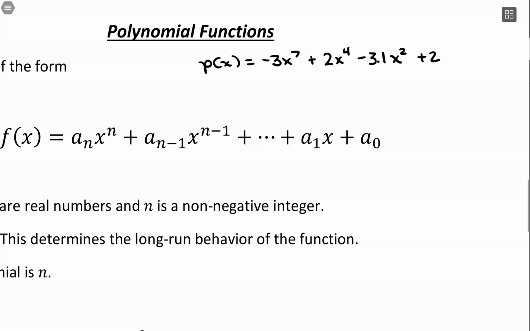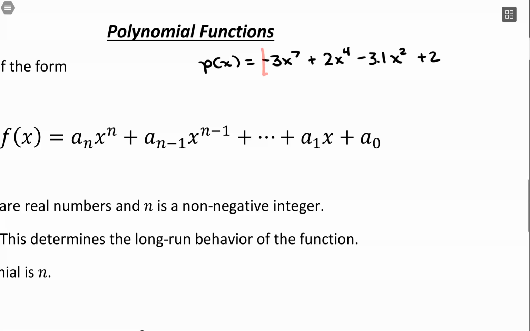How I know that is that I have these numerical coefficients that are all real numbers. I have my value of x, and these values of x have exponents that are non-negative integers. So again, I can have an exponent of 0 like we saw at the end here, that's fine, but we can't see negative exponents, we can't see rational exponents, so I don't want to see any fractions for exponents there.